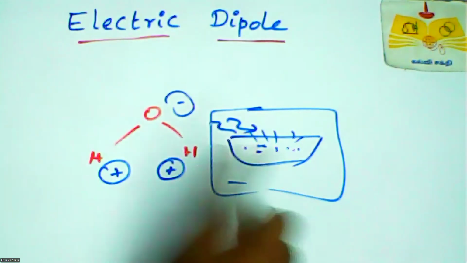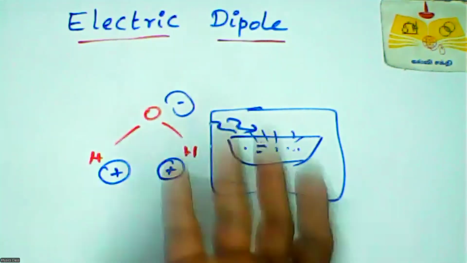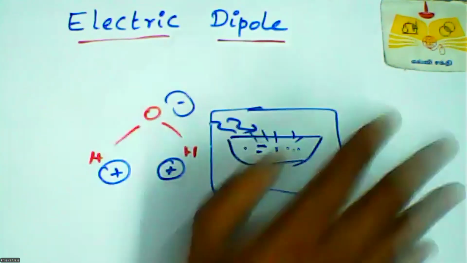This constant rotation and friction generates heat that cooks your food.